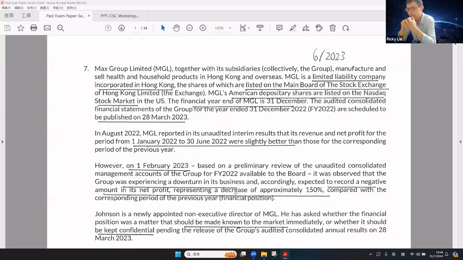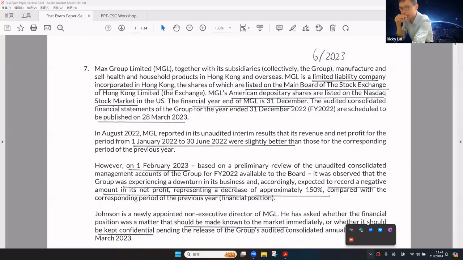Financial year end is December 31, and the audited financial statements for the group for the year ended 2022 December 31 are scheduled to be published on 2023 March 28. That is before the deadline of March 31.